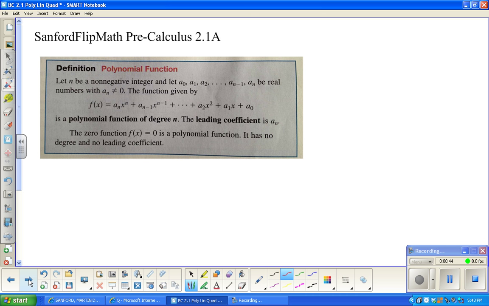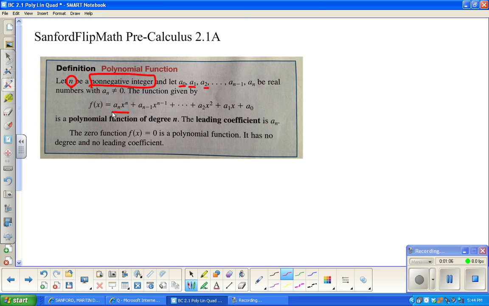Basically, we're just saying that we're talking about some kind of a number, that's the a sub n, times x to the n, and to be a polynomial function, all of those exponents need to be non-negative integers. These are all just numbers that are coefficients.